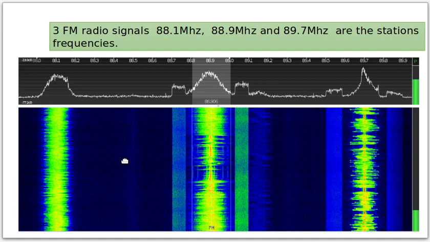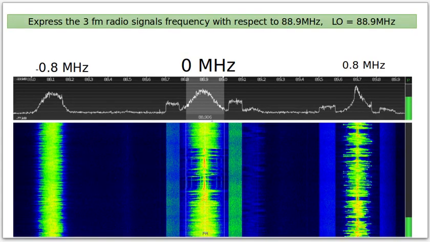And let's try to explain it this way. So let's say we have three broadcast FM stations. One's at 88.1, the other one's at 88.9, and the other is at 89.7. Nothing scary there, hopefully. But now let's say we want to describe them relative to 88.9.